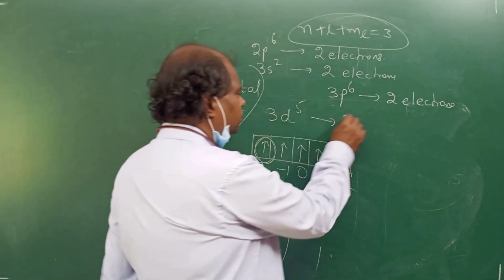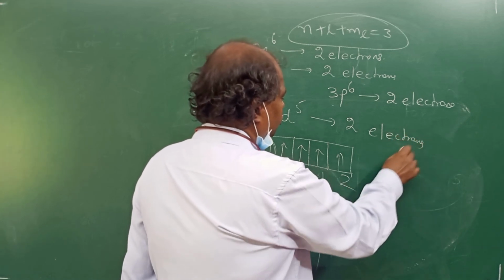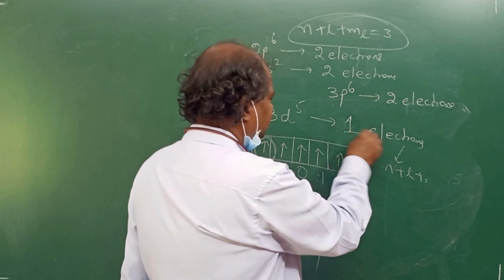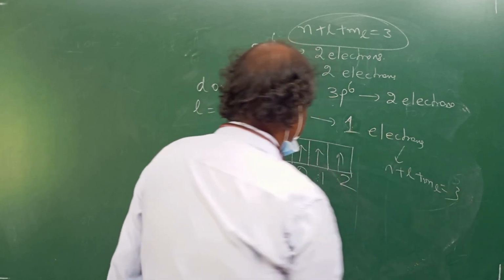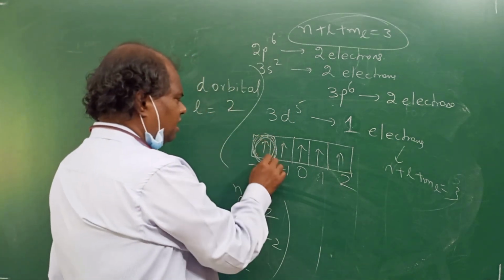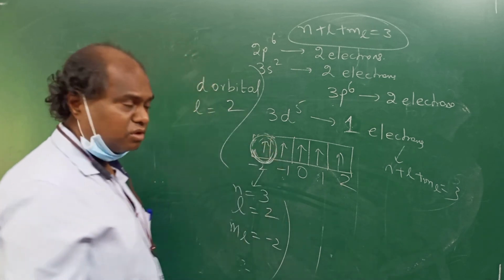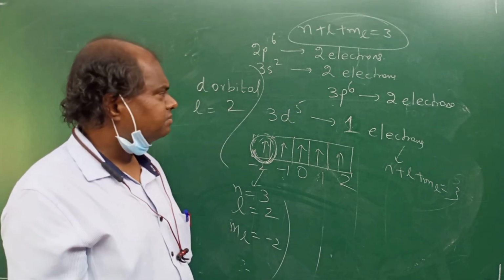So for 3d5 you will have 1 electron whose n plus L plus ml is equal to 3. Why, students, am I telling 1 electron? Just see here, I put one single electron, right? Not 2, not a pair, only 1 electron, right? Clear?